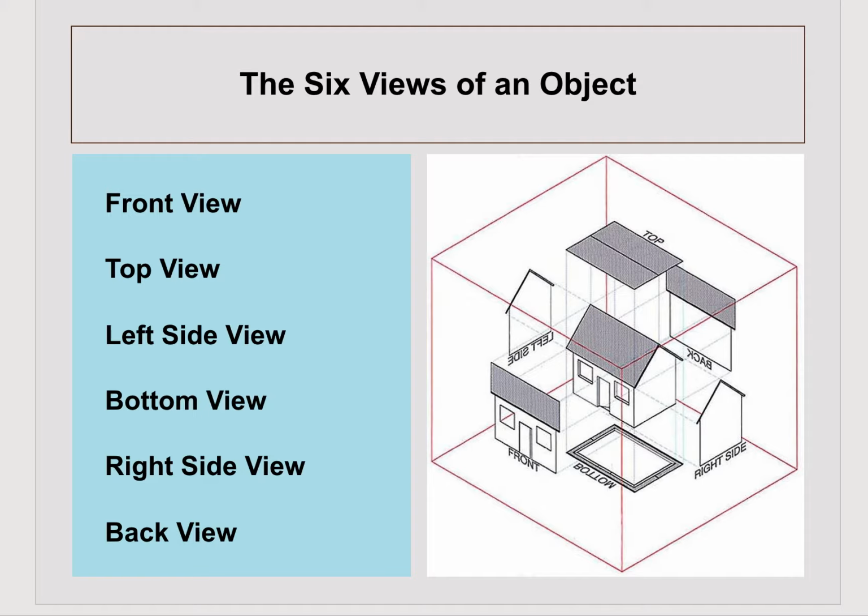But we do those for every single building we design because in every case, almost every case, all of those are unique elevations that need to be given specific information in order for the contractor to build them. And then the bottom view is actually the foundation. If we were to be able to pick the house up and look at it from underneath, that is our foundation.